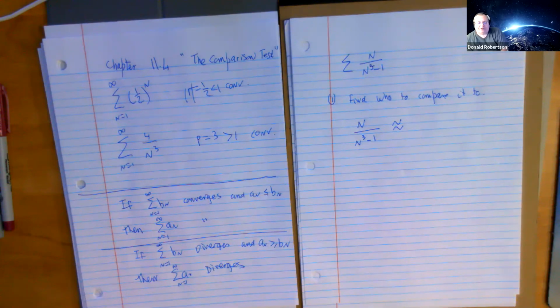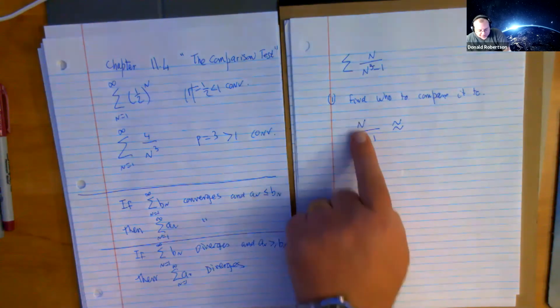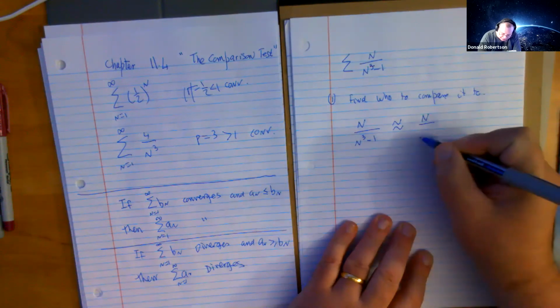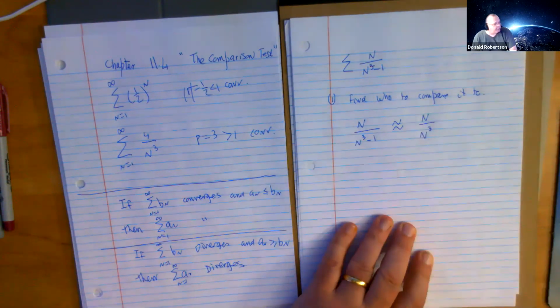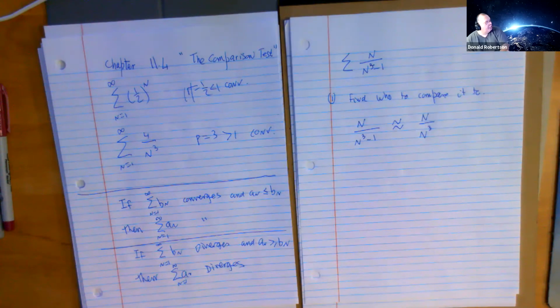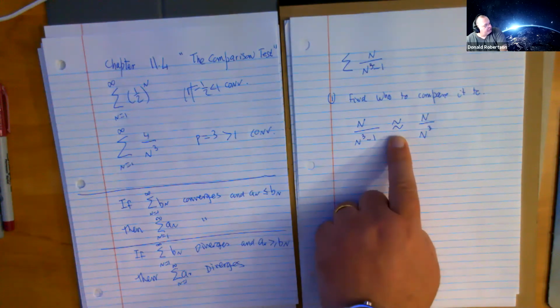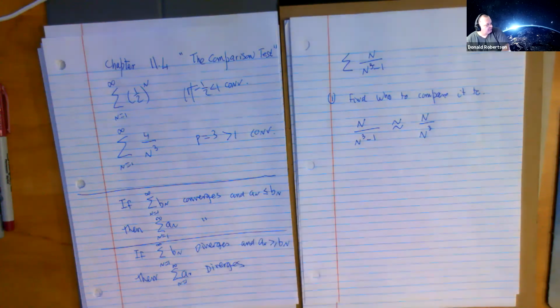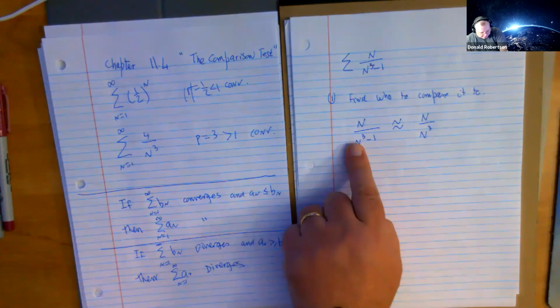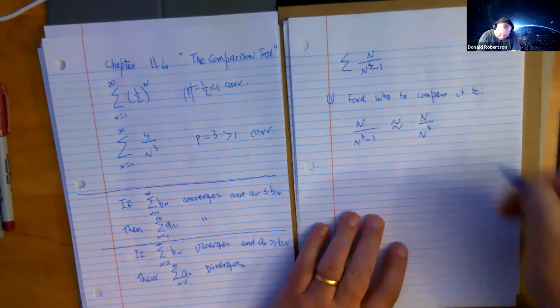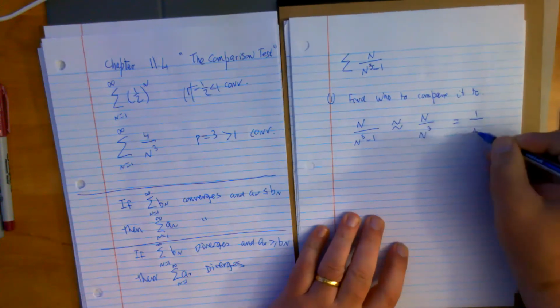In the big scheme of things, once n hits a billion, won't a billion take away 1 and a billion not really matter anymore as far as the value? So that means not that it's equal to, but it's approximately the same as. Would you agree that that's approximately the same as that? Pretty close. That's all you need to do, pretty close.